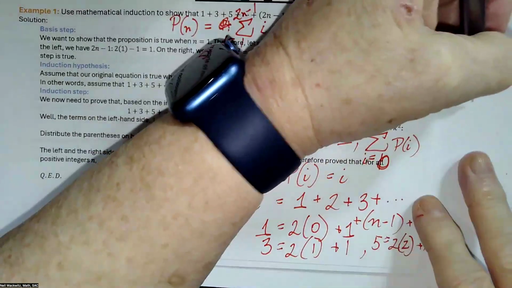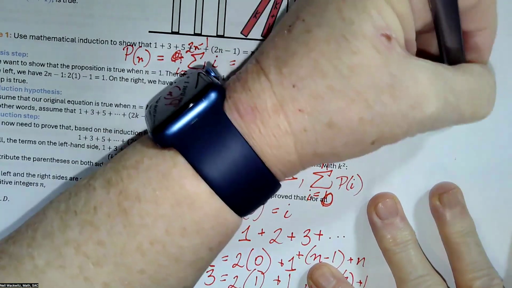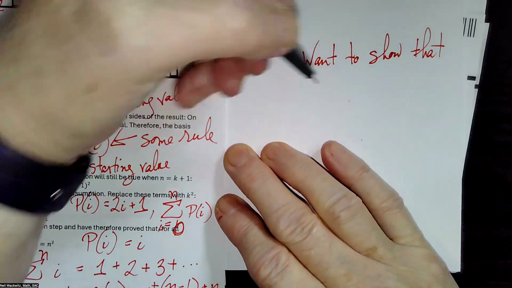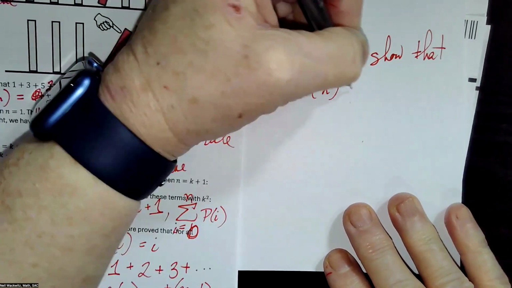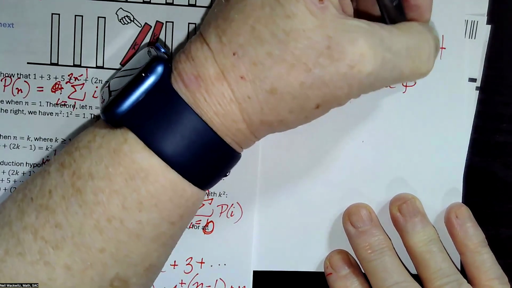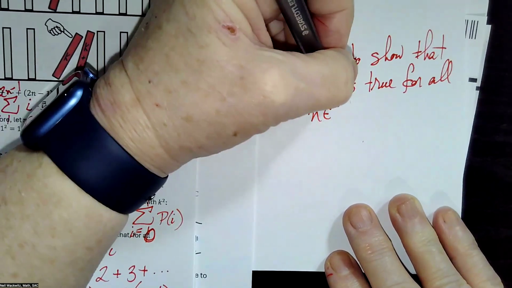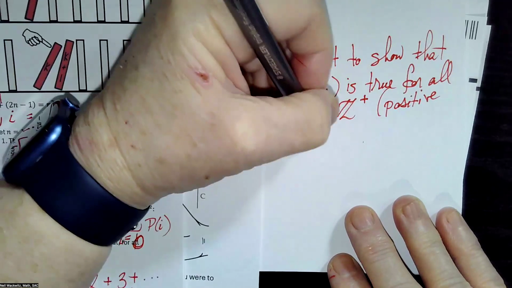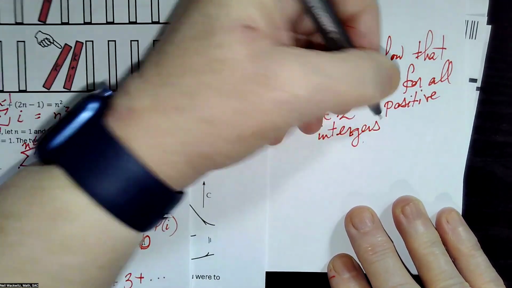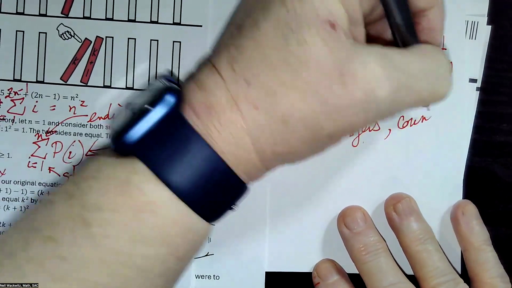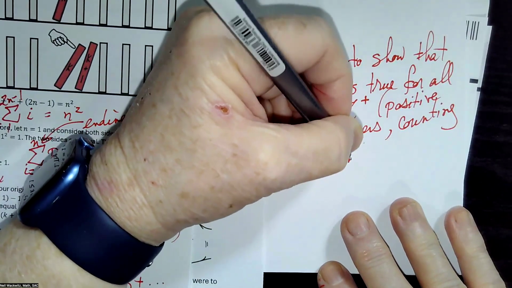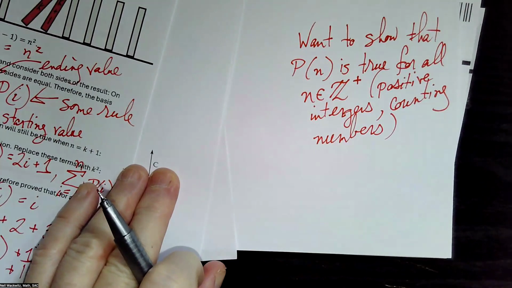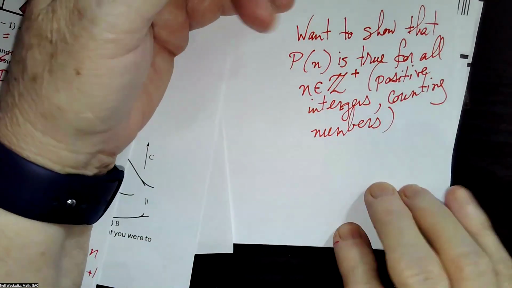So we would say our rule that we're trying to show, we want to show that P sub n is true for all n in the positive integers, and the positive integers are just the counting numbers or the natural numbers.